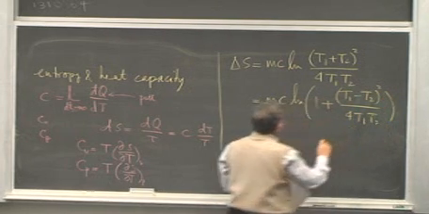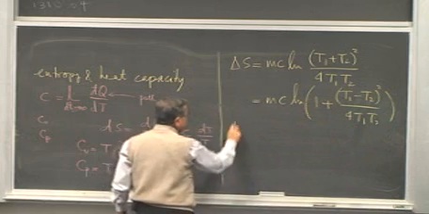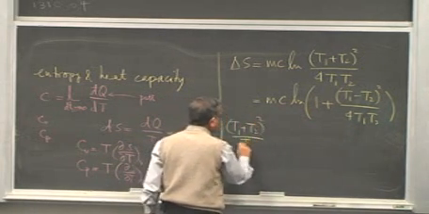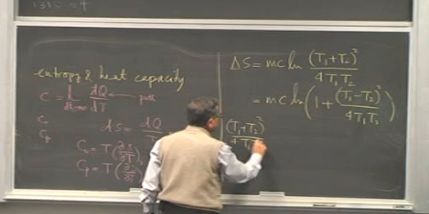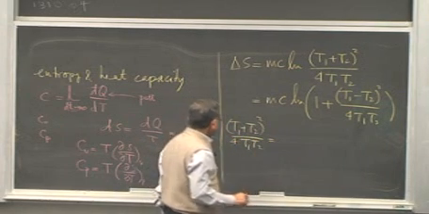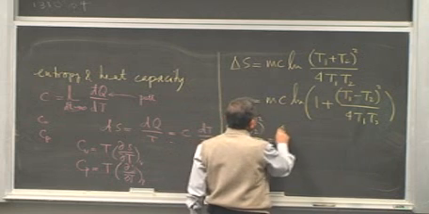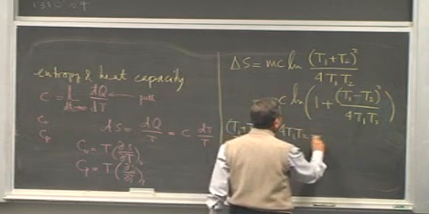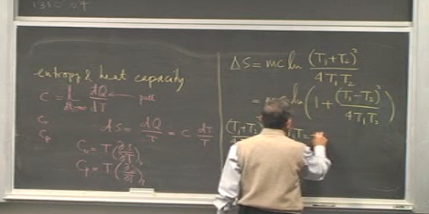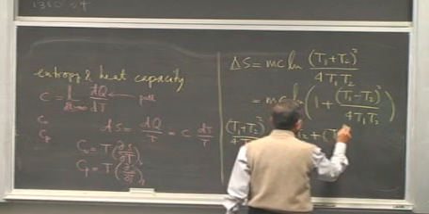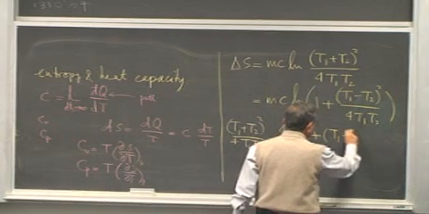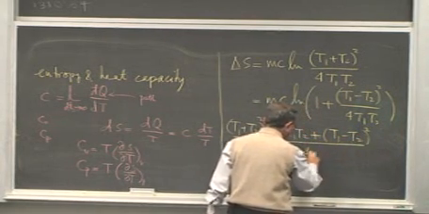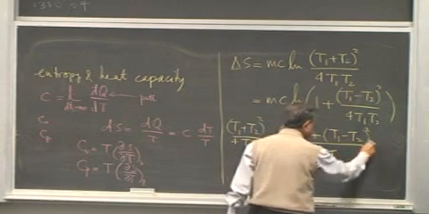What I've done is that I've taken (T1 plus T2) whole squared over 4 T1 T2, and written (T1 plus T2) squared as 4 T1 T2 plus (T1 minus T2) whole squared. And you can convince yourself that this is what it is.